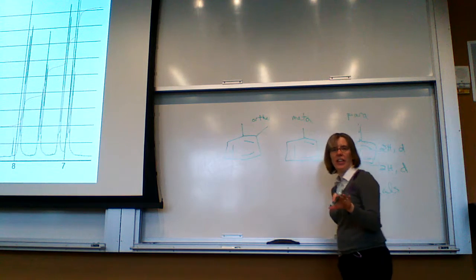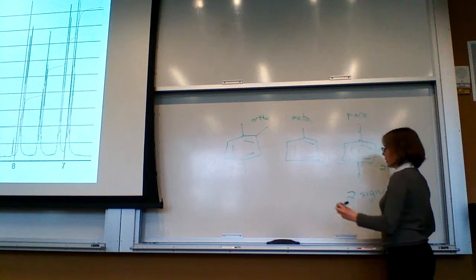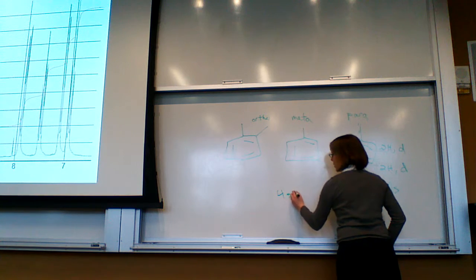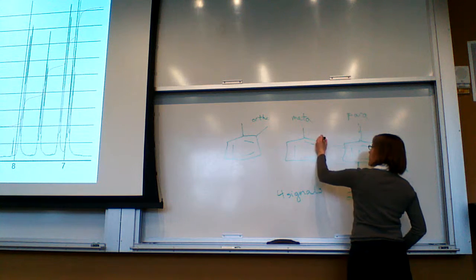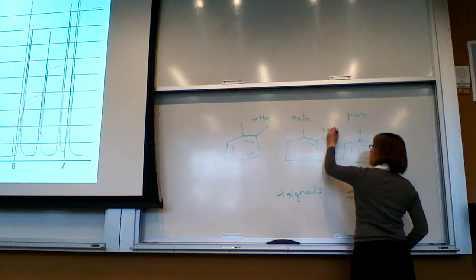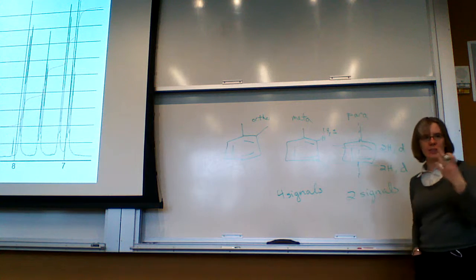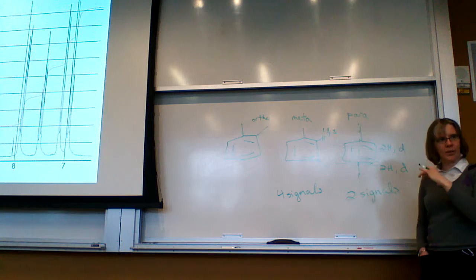Meta-substituted does not have any symmetry, and so you're going to get 4 signals. This signal here will be 1 hydrogen, and it's a singlet because it doesn't have any neighbors 3 bonds away.